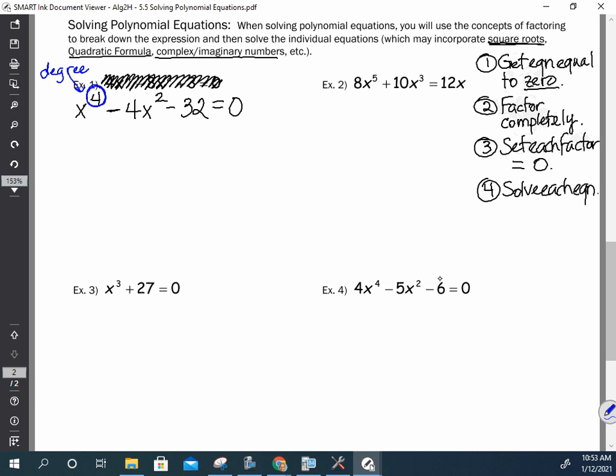When you are solving an equation, the biggest exponent, also known as the degree, tells you how many answers you should have. That's how many answers you should have in this problem. Case in point, you are not done with the problem until you have 4 answers. So just know that in advance. Keep that in the back of your head.